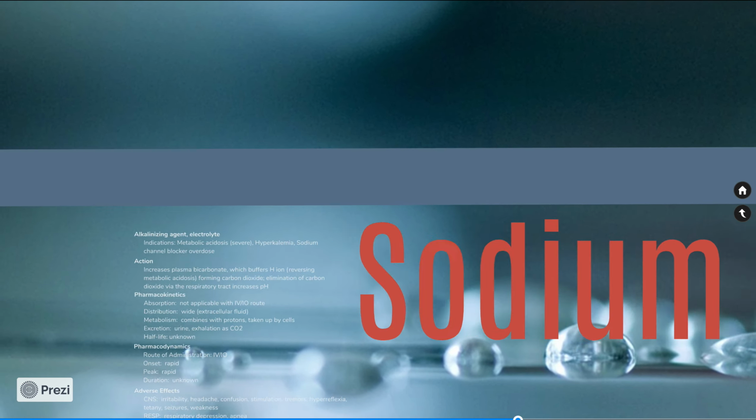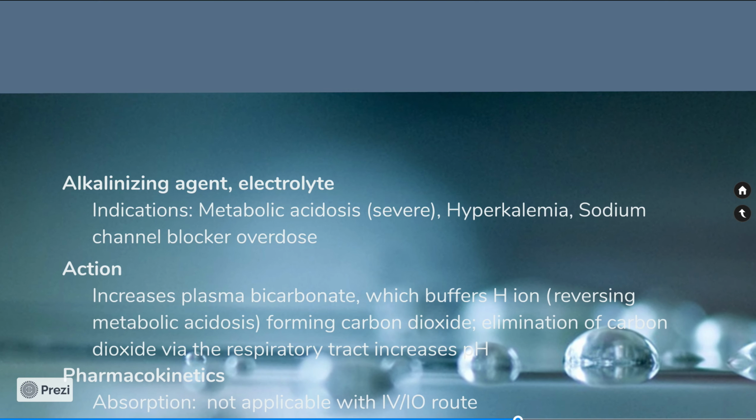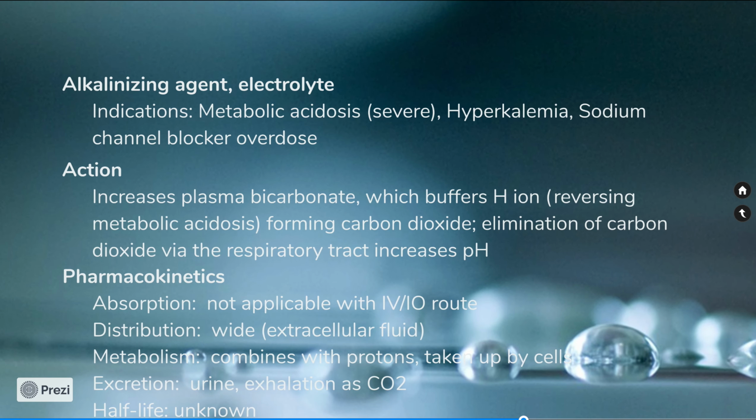Sodium bicarbonate, a very popular alkali and an electrolyte, is indicated for the management of metabolic acidosis, hyperkalemia, and sodium channel blocker overdose, specifically lidocaine.